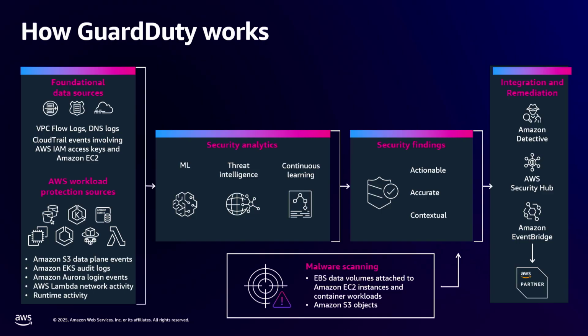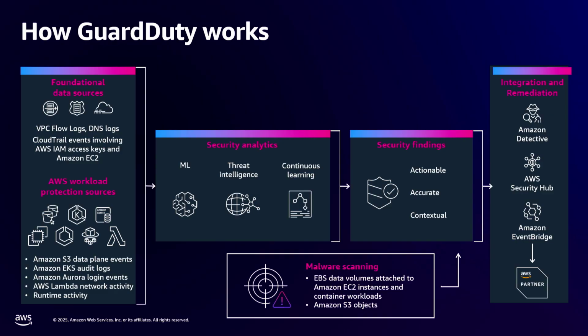Over the years, we've expanded into more data sources. The more data sources, the more we can detect, and the more insight we have into an environment to understand where threats might be happening. So we've expanded to S3 data events, so we can see the reads and writes of S3 data and see when there might be malicious activity. EKS audit logs, that's the control plane level activity for Amazon Elastic Kubernetes Service.